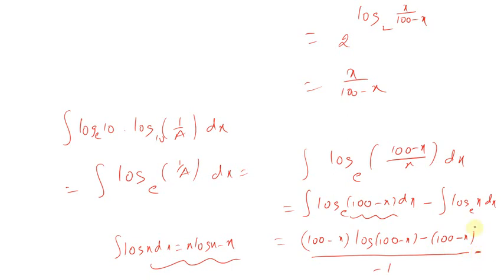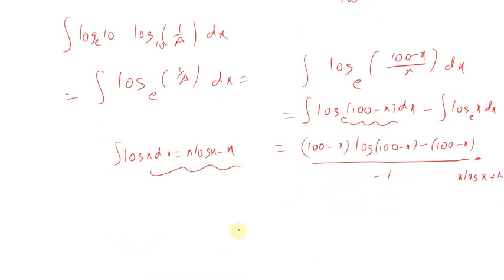Minus, we have to write integration of log x, that is nothing but x log x minus x, plus x. We got like this. So finally how much are you getting? When you multiply with the minus sign, this will be 100 minus x minus 100 minus x into log of 100 minus x minus x log x plus x. So this plus x and minus x get cancelled.